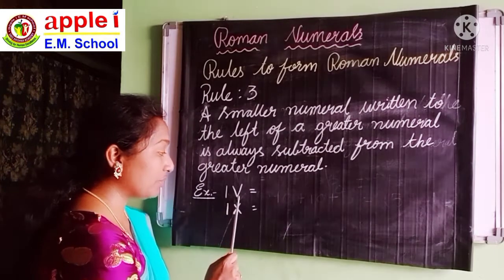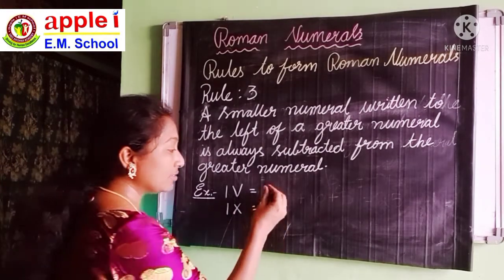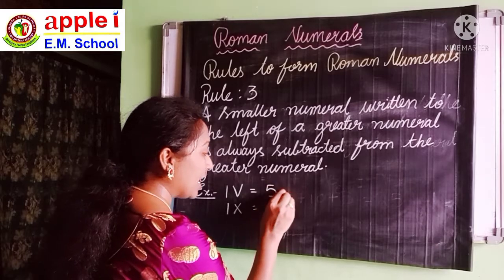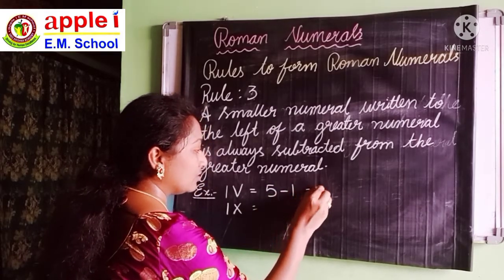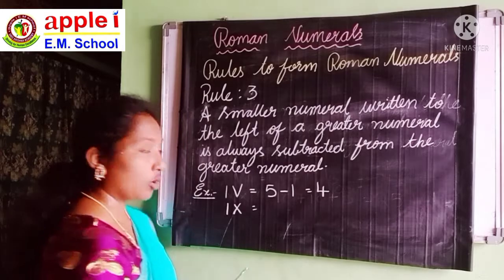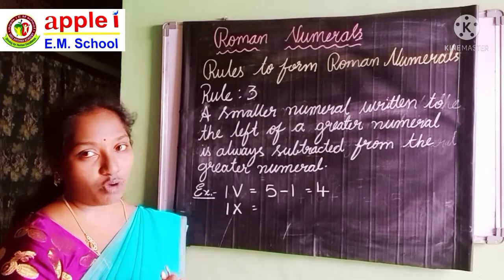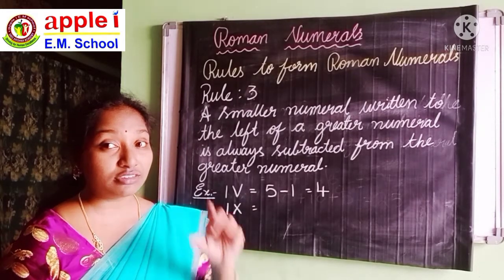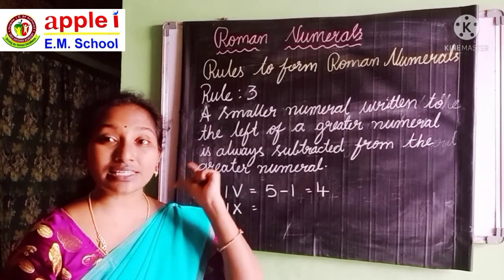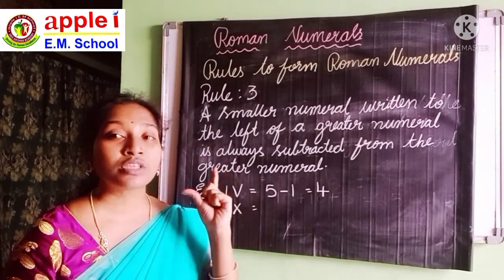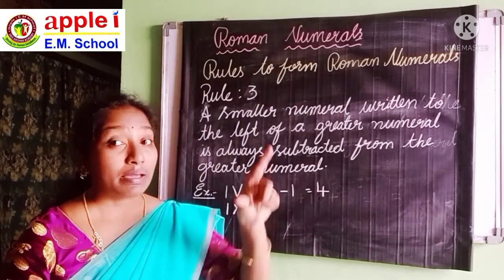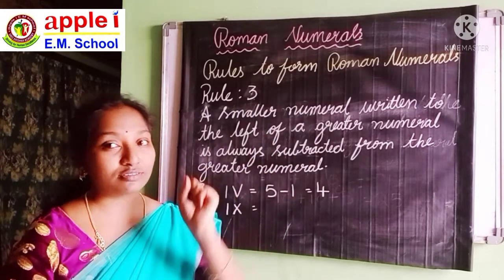Here the big one is 5. So we have to subtract like this: 5 minus 1 is equal to 4. Big number minus small number. Whenever we are having a smaller Roman numeral, next a bigger Roman numeral, we have to do subtraction. Big one minus small one.